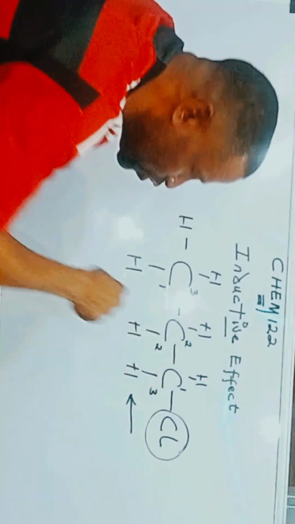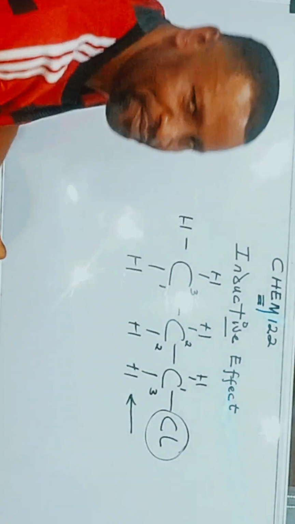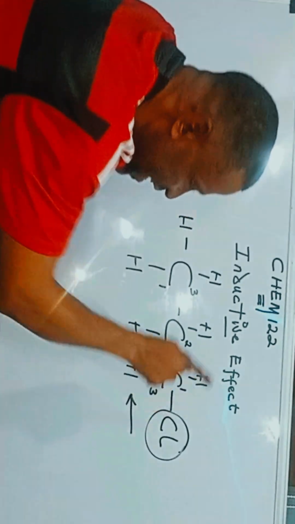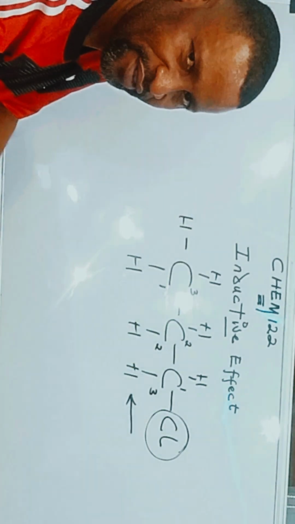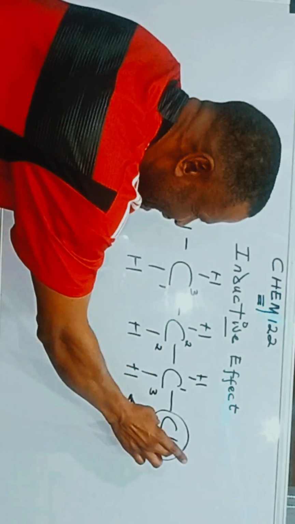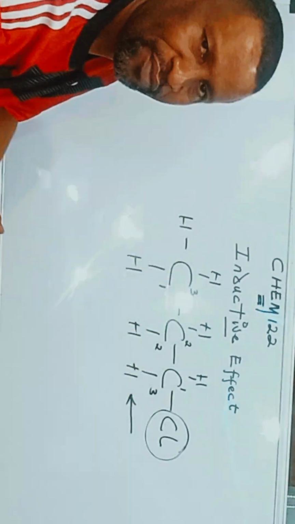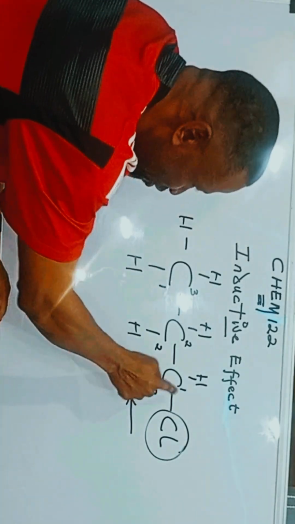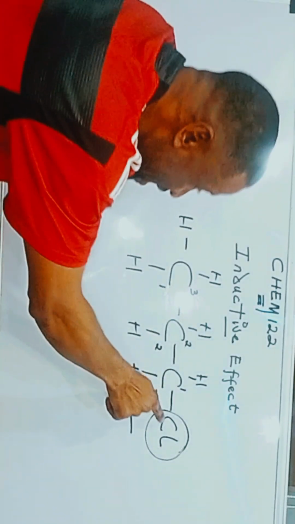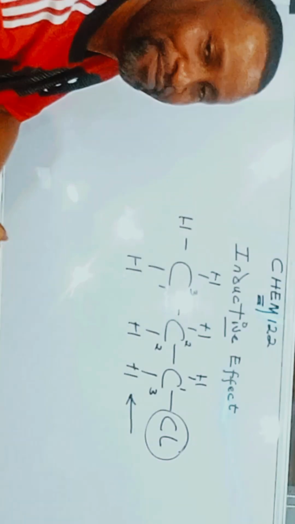Carbon is a member of group 4. Chlorine is a member of group 7, a halogen. Chlorine is highly electronegative. Carbon is poorly electronegative, meaning that chlorine has a higher power to attract electrons compared to carbon. So what happens? When chlorine and carbon share electrons to form this bond, chlorine is expected to receive a fair share of those electrons.